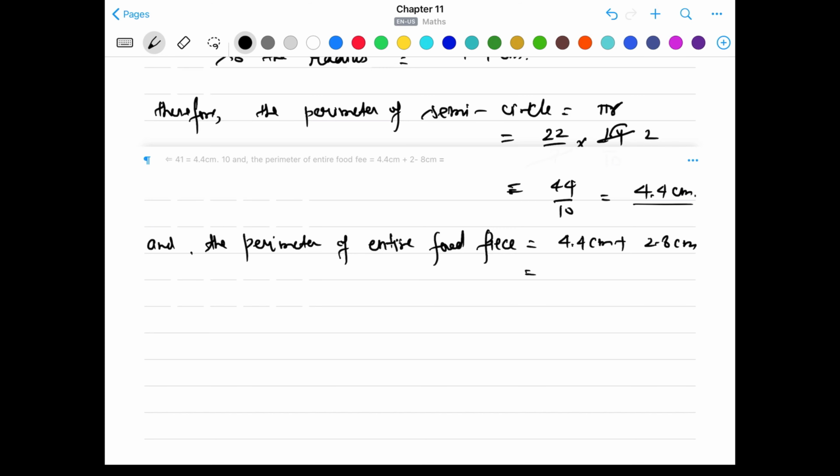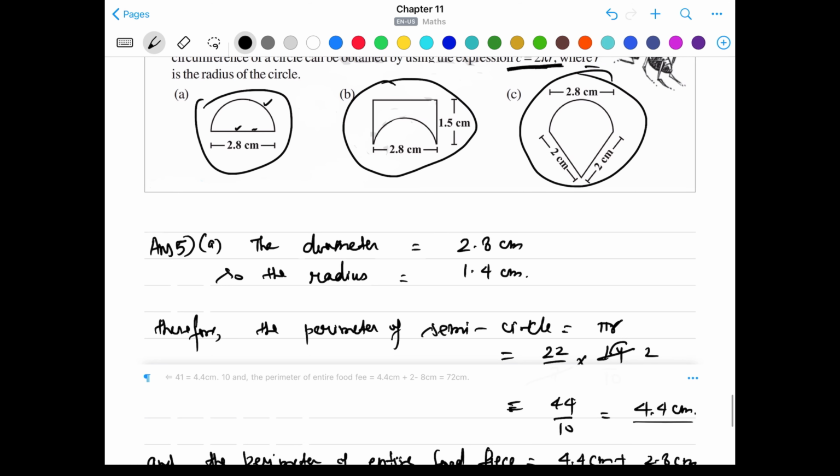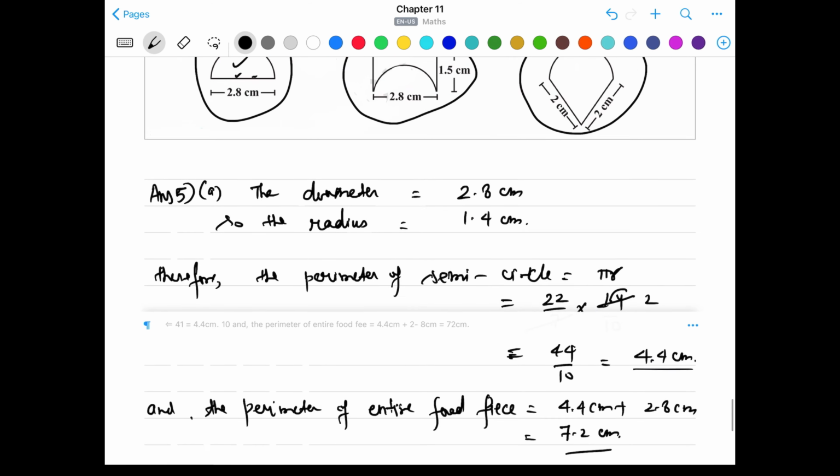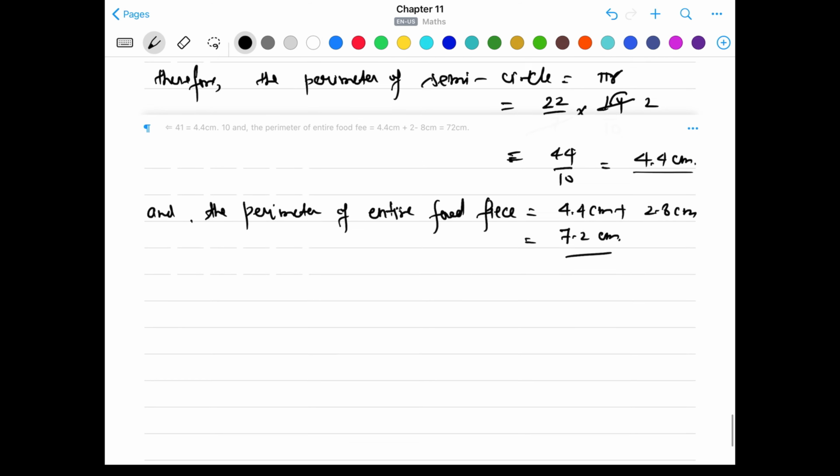And when we add the two, 2.8 plus 4.4 will give us 7.2 centimeter. So that's the length the ant has to cover around this food piece, which is 7.2 centimeter.